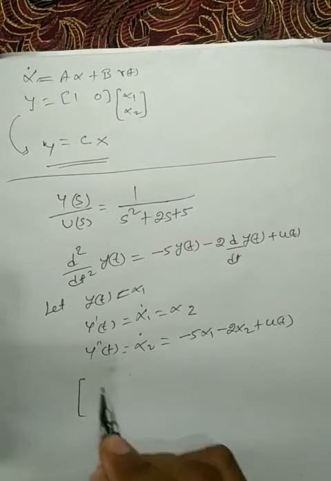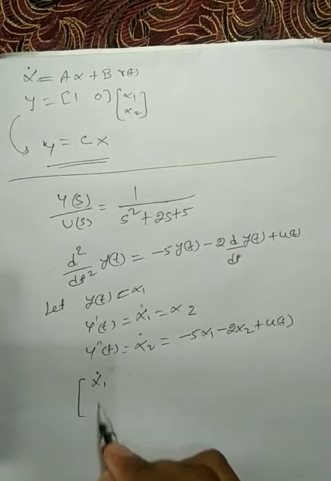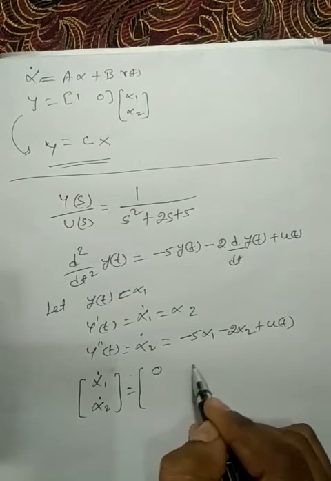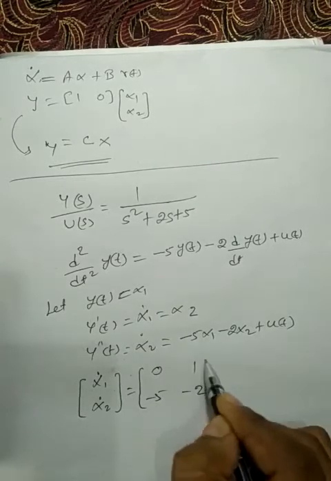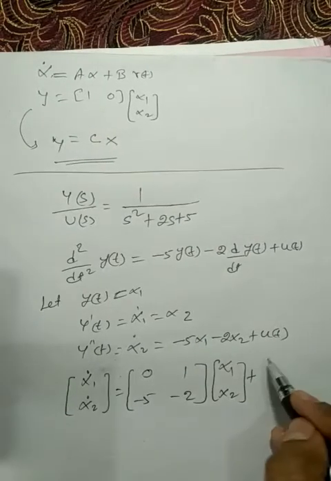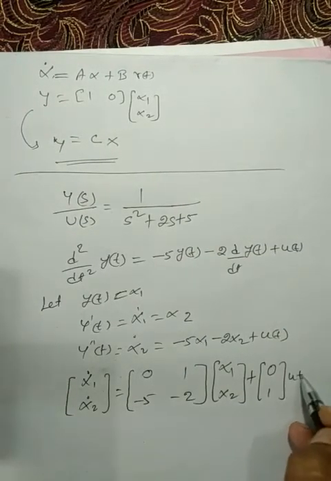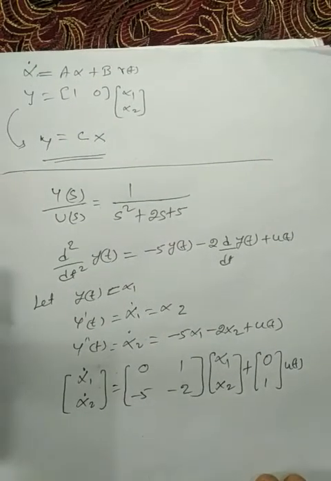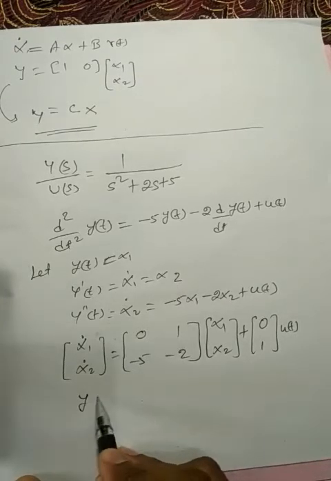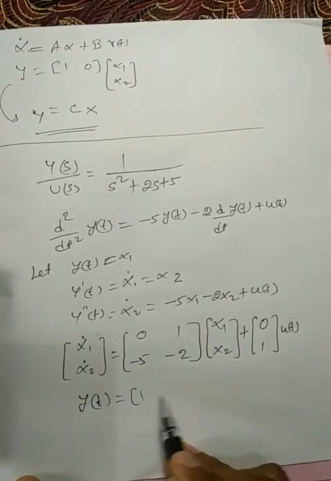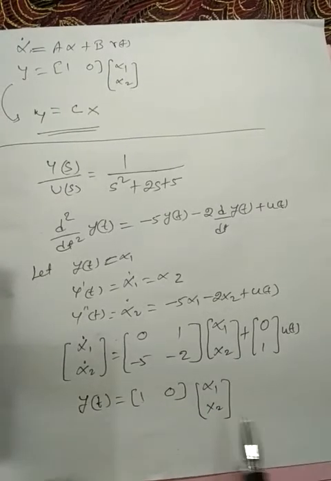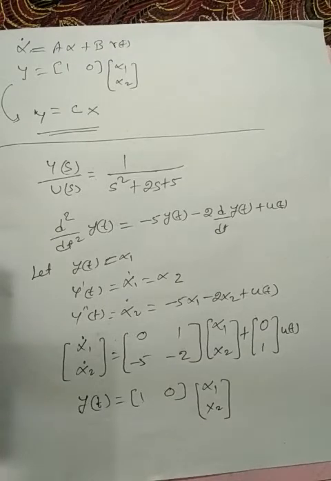And then our matrix will be x1 dot x2 dot is equal to 0 1 minus 5 minus 2 x1 x2 plus 0 1 ut, right? This is the state equation, and here we have the output equation 1 0 x1 x2. Clear?